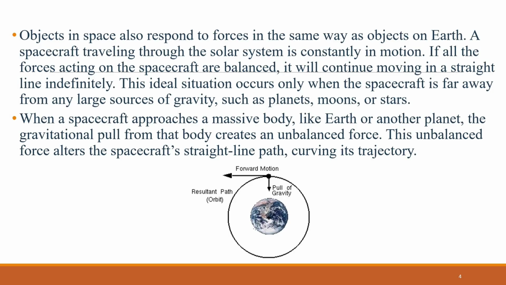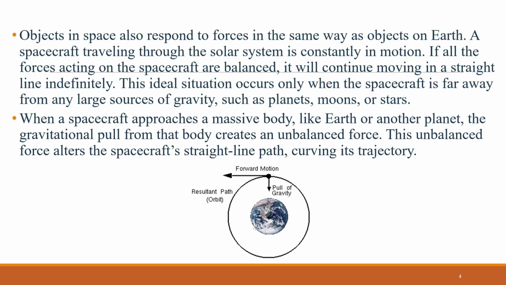Now that the three major terms of the first law, rest, motion, and unbalanced force, have been explained, Newton's first law can be restated in the context of rockets and space travel. If an object, such as a rocket, is at rest, it requires an unbalanced force to initiate motion.